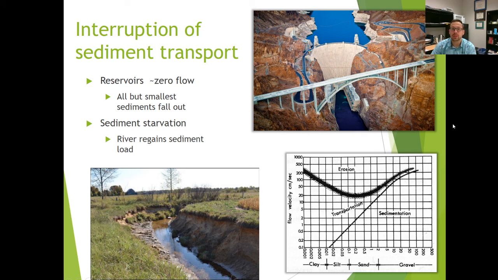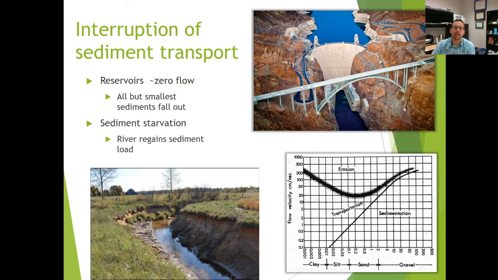So what the river tries to do is regain its sediment load. So this is kind of tricky. Any amount of moving water, if it has fewer sediments than it's able to carry, will erode stuff from the bed of the river, and that will degrade the bed of the river then.